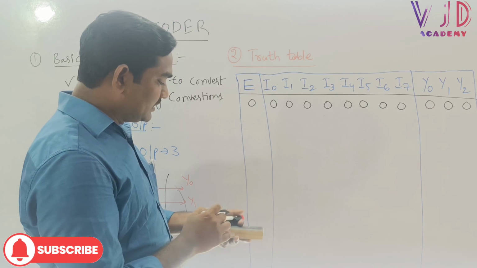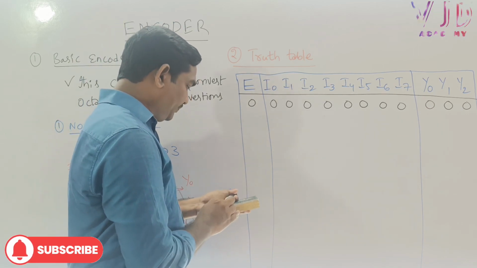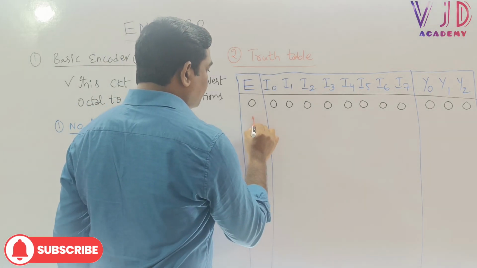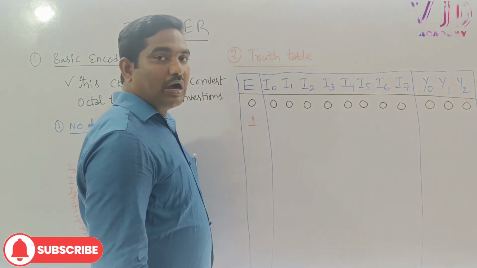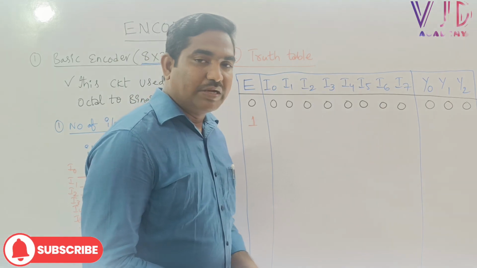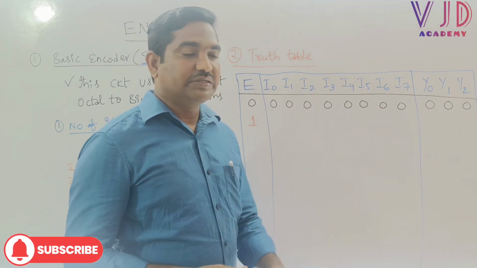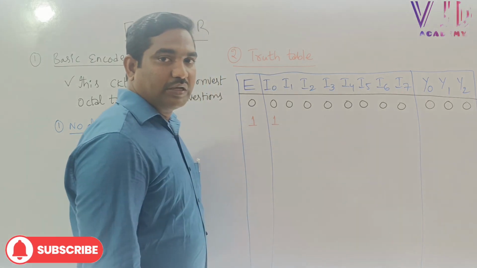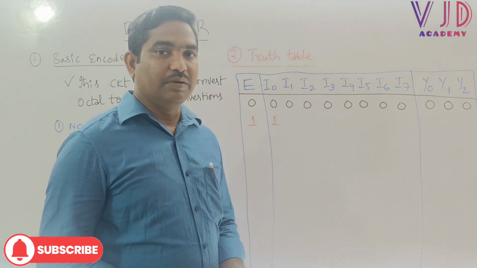And now coming to the second thing. Suppose if you make enable is 1, what is happening, sir? Automatically enable is 1 means here the input I0 will be enabled.